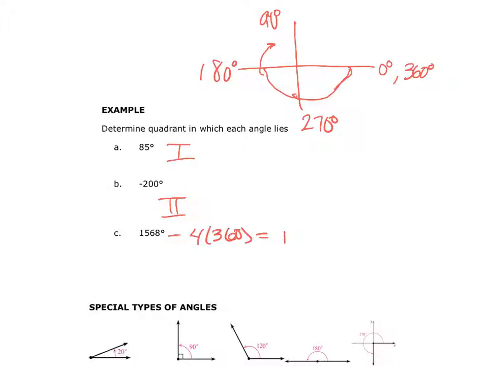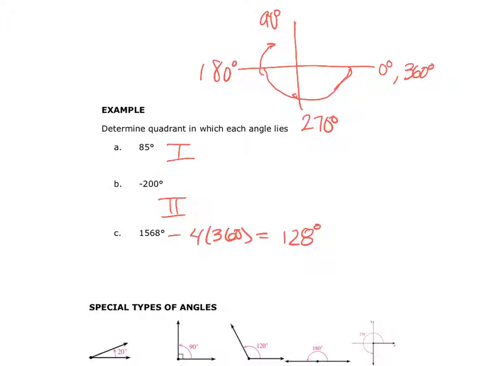Do you all have calculators? It doesn't make a difference in terms of the quadrant, but it does make a difference later when we're asked to evaluate. So you can't just divide by 360? That'll tell you how many rotations you're going to have, but it's not going to tell you the quadrant in which it lies. I'm subtracting off multiples.